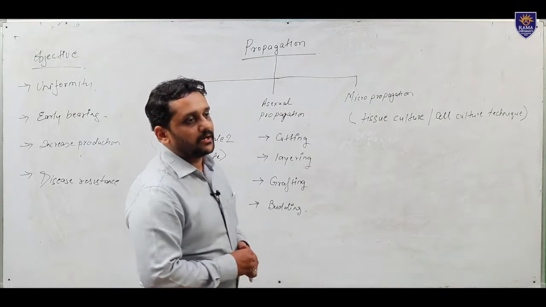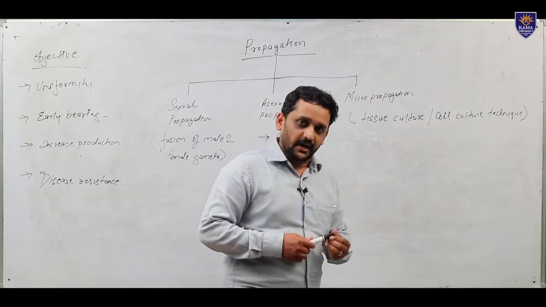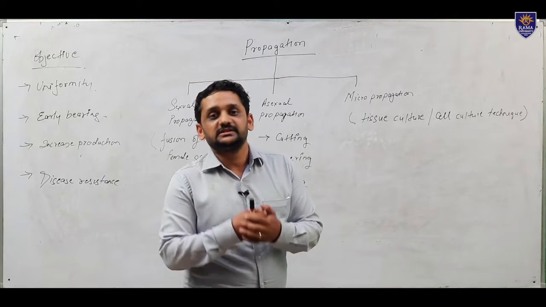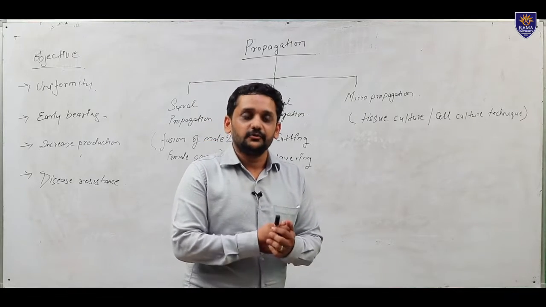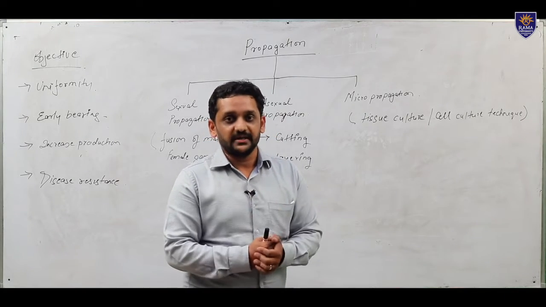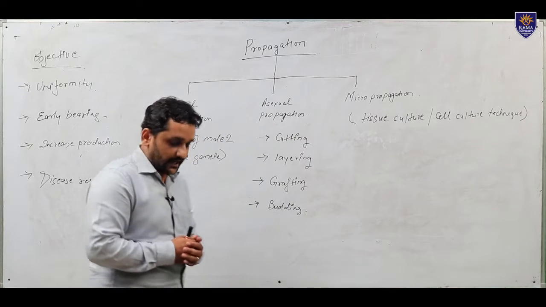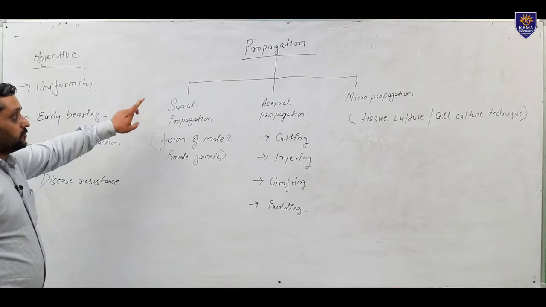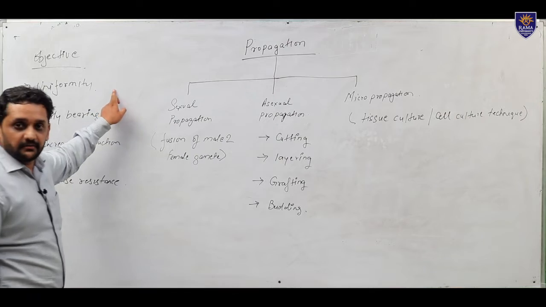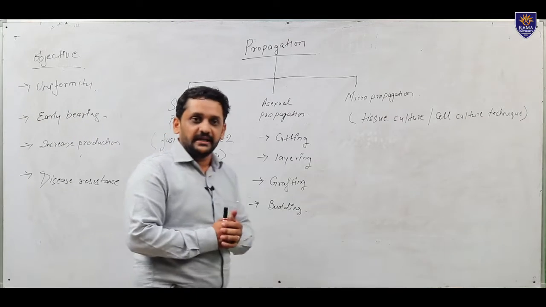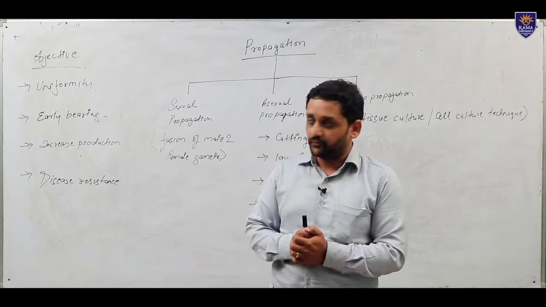Now one question comes to our mind: why do we use asexual propagation rather than sexual propagation? The reason is that, firstly, through asexual propagation we can get uniformity in flowering and fruiting.